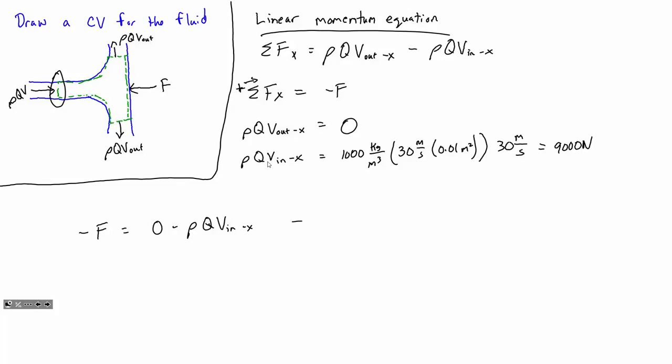So basically there we see that those negatives cancel out, and force is going to be equal to positive rho Q V in the x direction, which equals 9,000 newtons, or 9 kilonewtons. So there we see that our answer is going to be B for this question.